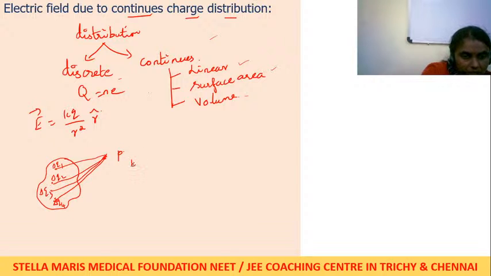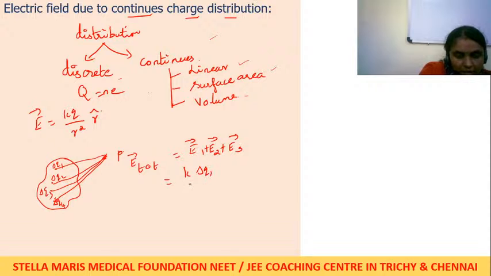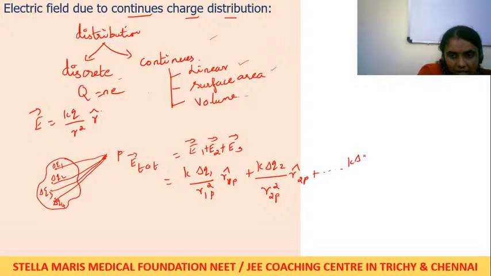The total electric field here will be E1 plus E2 plus E3 vector. So we get k into del q1 divided by r1p squared into r1p cap, plus k into del q2 divided by r2p squared r2p cap, and so on. The number of charges will obviously be present here, so k del qn divided by rnp squared rnp cap.